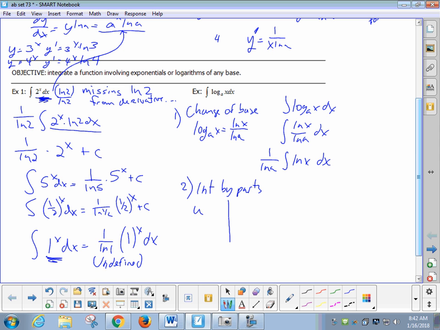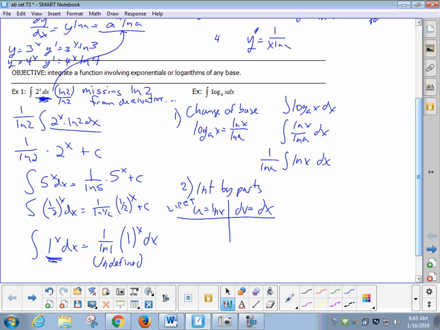So, what do you make your u? Remember, the best choices for u go by LIPET, and log is the best choice for u. So dv is whatever's left, which is just dx.